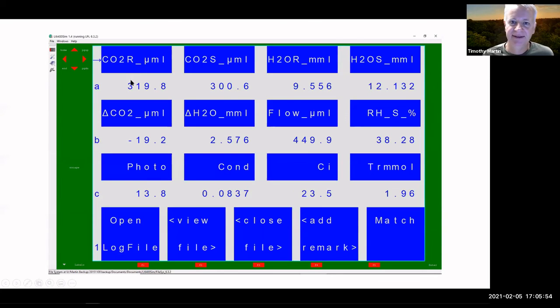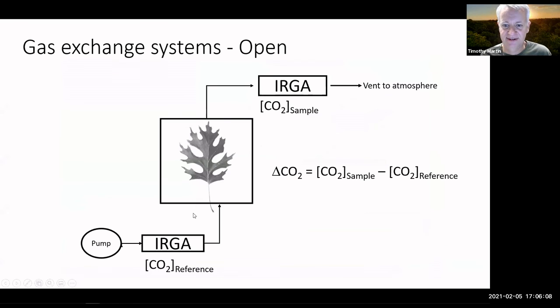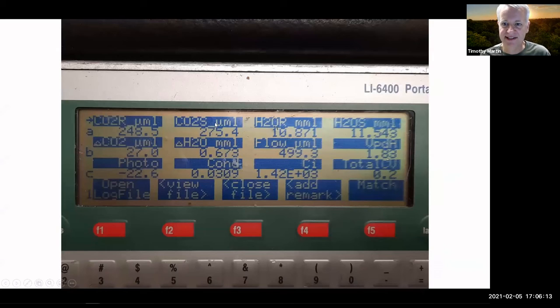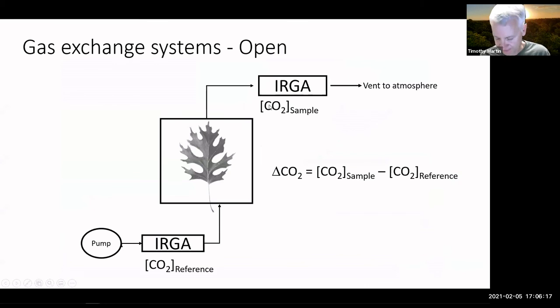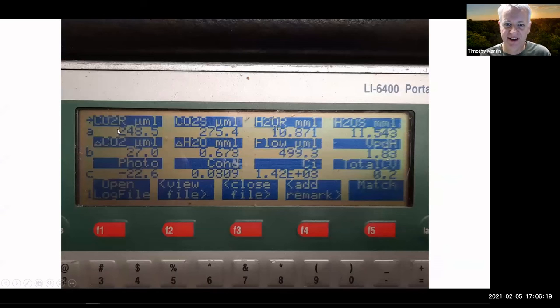Basically, there's a CO2R, that's CO2 reference, and a CO2 sample. That's the concentration of carbon dioxide in the reference infrared gas analyzer, and then the CO2 concentration in the sample gas analyzer. That's this one. And then it also calculates delta, the difference between these two.